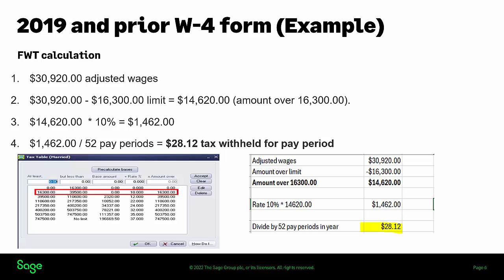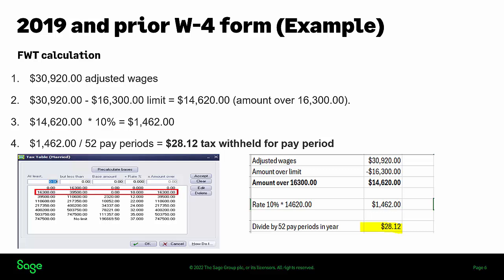We then use the annual tables in Sage BusinessWorks to calculate the tax. To calculate the taxes, our employee has $30,920 in adjusted wages. We then look at the tax tables in Sage BusinessWorks for married and find that our employee falls within that second bracket and their wages is between $16,300 and $39,500. So the rate is 10% of the amount over $16,300.